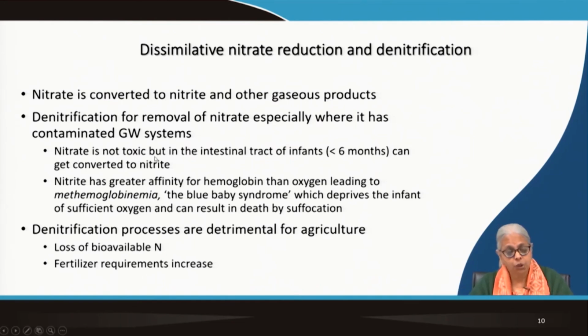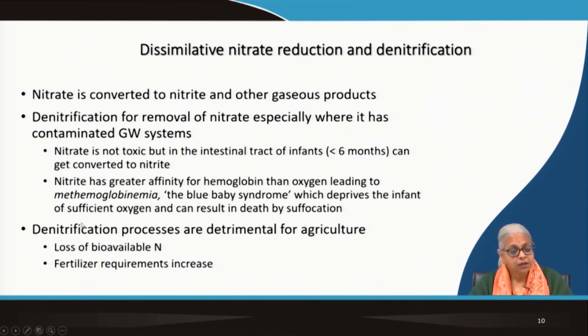Nitrate by itself is not toxic, but infants who are less than 6 months old can have a problem because nitrate can get converted to nitrite. Nitrite has a greater affinity for hemoglobin compared to oxygen.